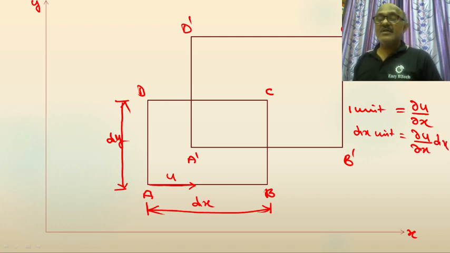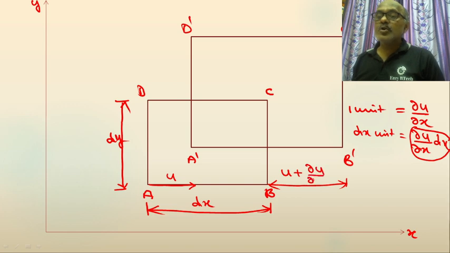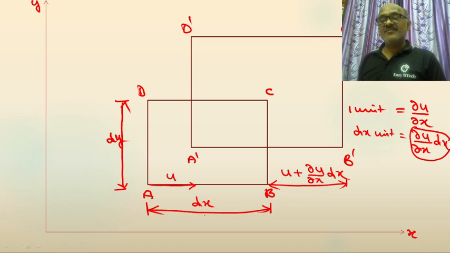Yes, my dear students. But B is displaced to B dash by how much? A higher value than A, that is u plus dou u by dou x into dx. Excellent, my dear friends.